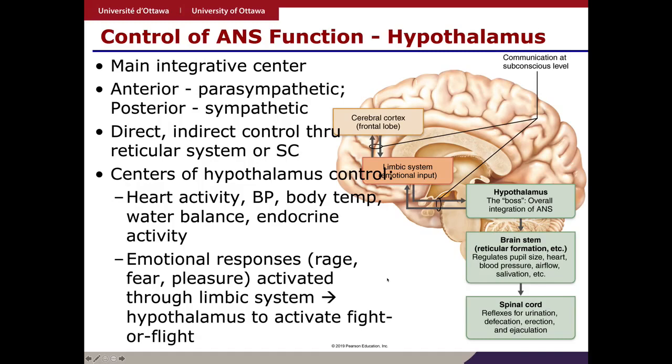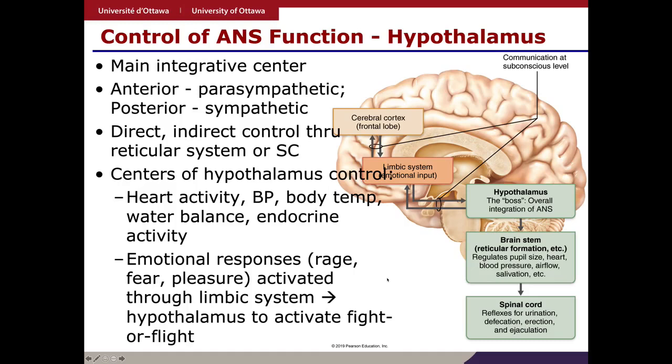The limbic lobe has strong connections with the hypothalamus and influences the state of its activity on the basis of emotional state. For example, when you're anxious or scared, the amygdala will send signals to the hypothalamus along the medial forebrain bundle that will stimulate the sympathetic fight or flight response.